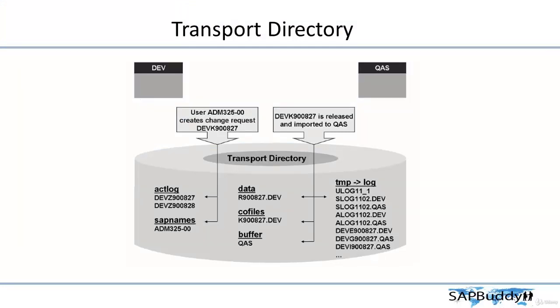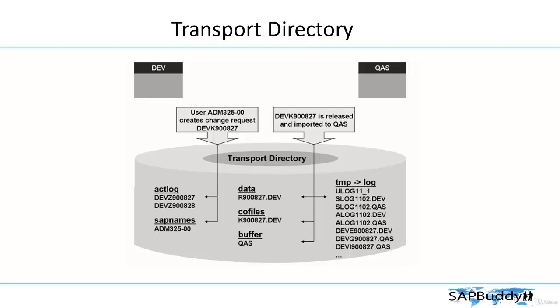As we know, the transport directory has different directories: data, cofile, buffer, log, temp, actlog, sapnames and EPS. First one is the bin directory. The bin directory contains the configuration file for the transport domain.